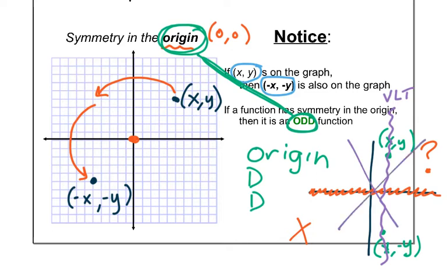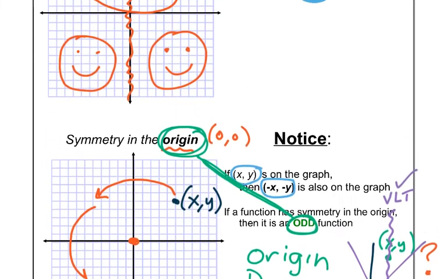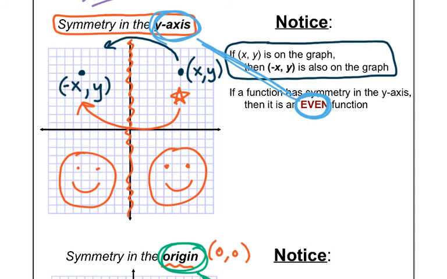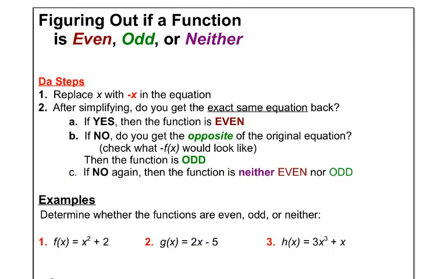Remember, this whole chapter is about functions, right? So we'll never talk about x-axis symmetry in this chapter, because if you have x-axis symmetry, that means you're not a function and you fail the vertical line test. So we only have origin symmetry and y-axis symmetry. Okay, so we can tell maybe by looking at it if it has symmetry, but how can we do it algebraically?